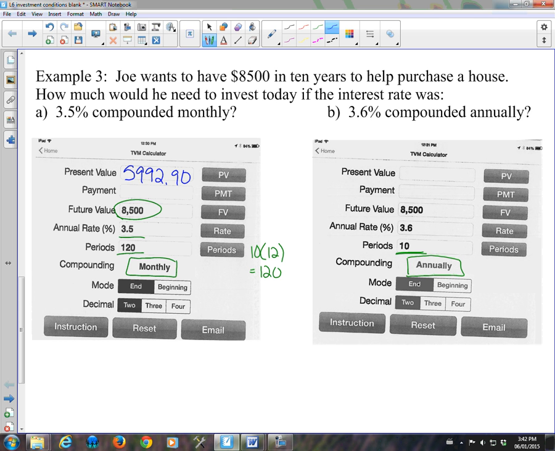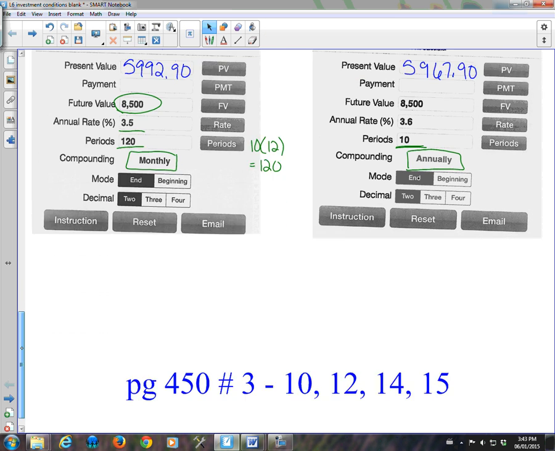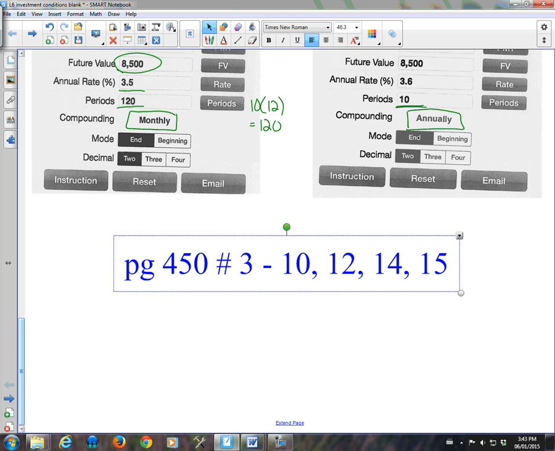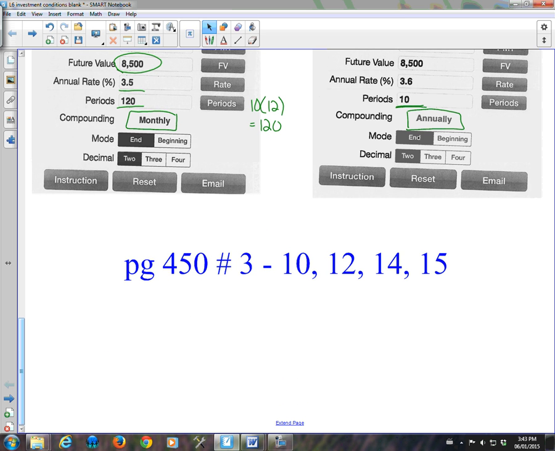And for 3.6% annually, $5,967.90. Those would be your two present values. So use the TVM. Try it out on those questions on page 450.